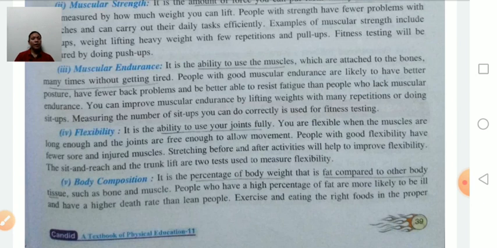The persons who have a high percentage of fat are likely to be more ill. These are the components of health-related fitness.